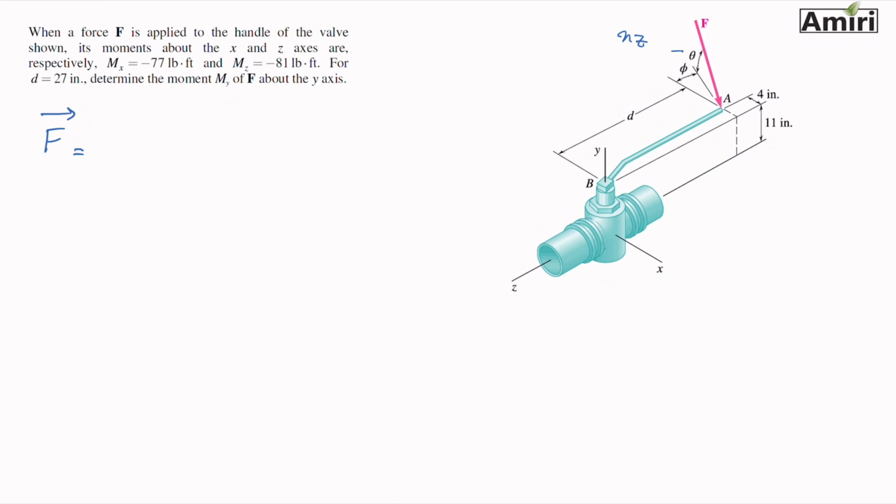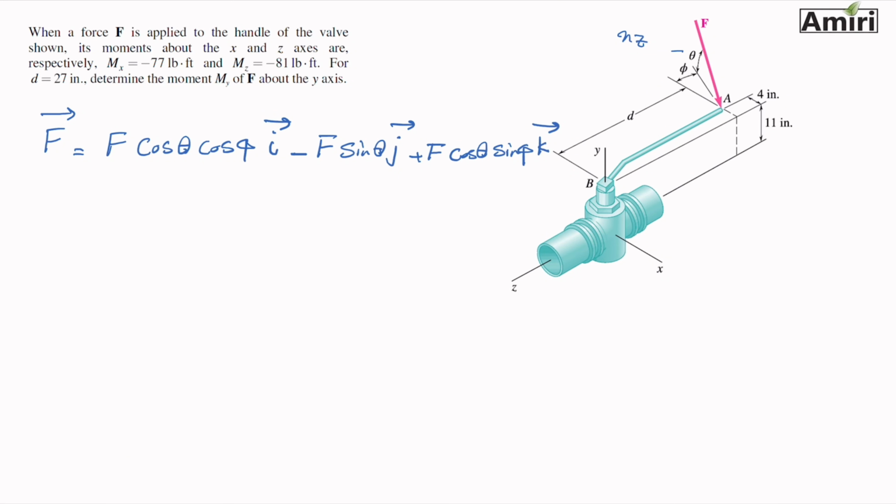So the vector in 3D form or components is going to be F. This is the magnitude, F cosine theta cosine phi, and this is going to be i, F sine theta, that'll be j, and F cosine theta sine phi, and that'll be k.